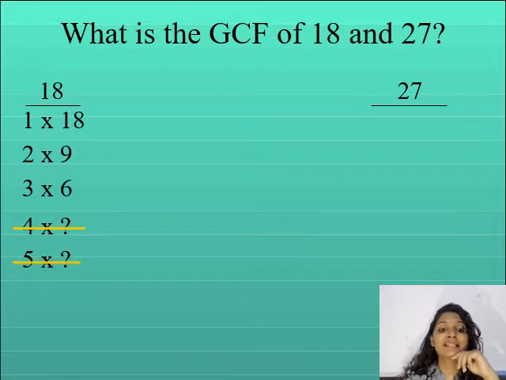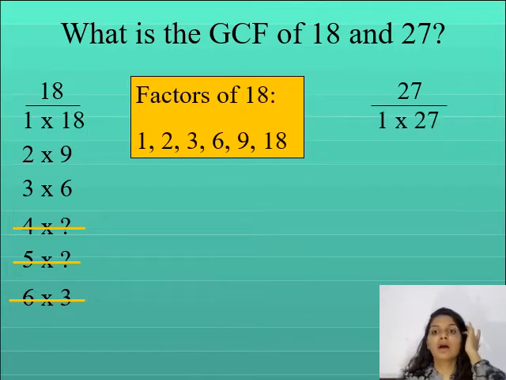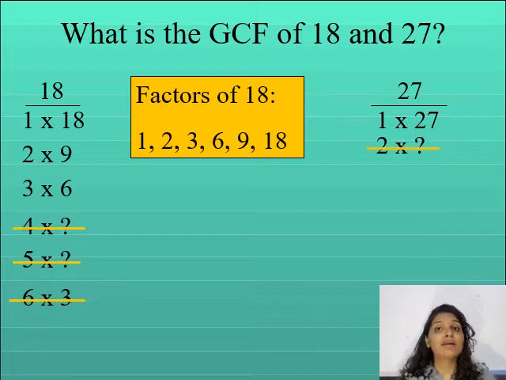Next is writing all the possible factors for 27. So 1 multiplied by 27. 2 multiplied by what? Nothing, so 2 is not a factor of 27. What about 3? Yes, it is a factor.